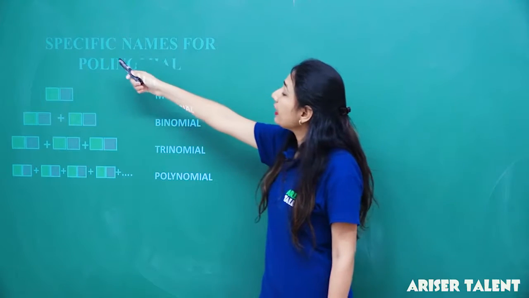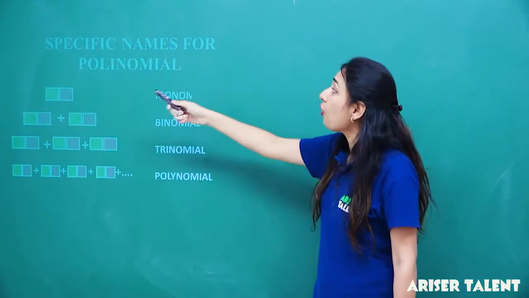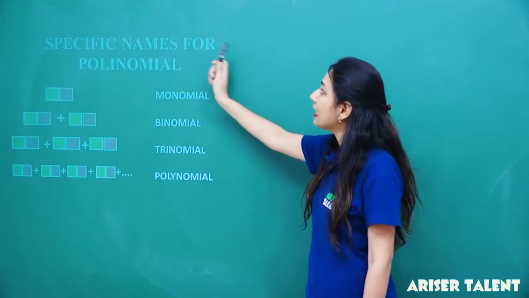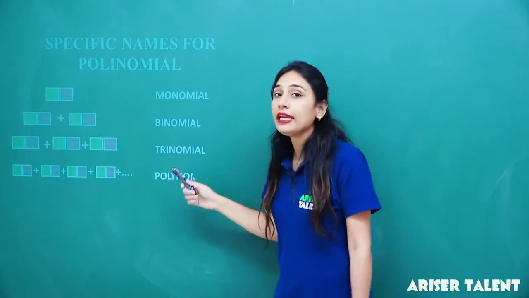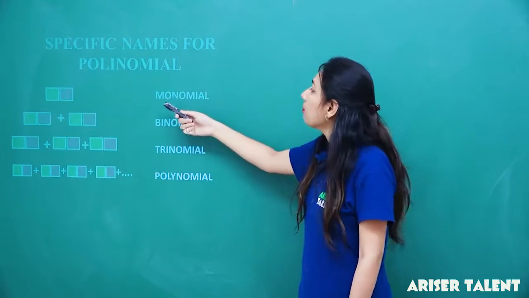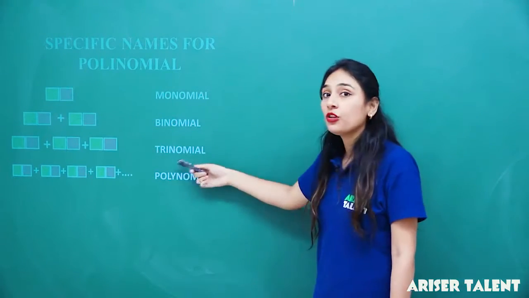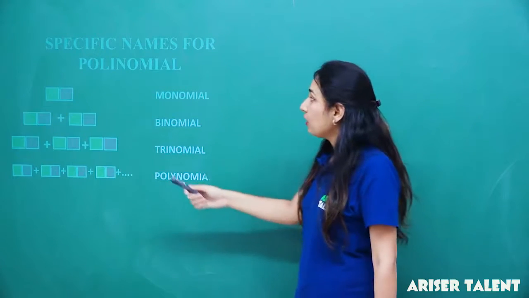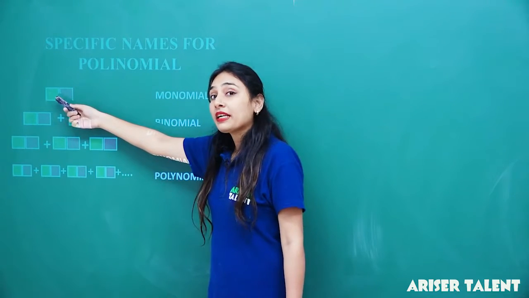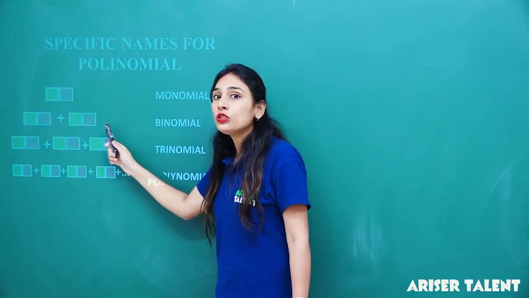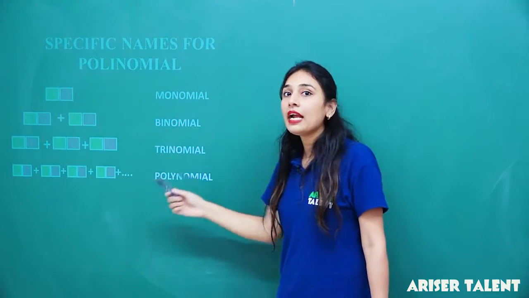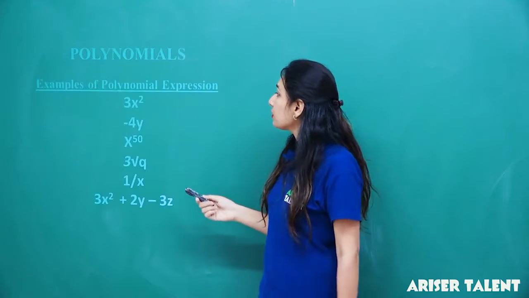Then we have specific names for polynomials like monomial, binomial, trinomial and polynomial, which have respectively 1 term, 2 terms, 3 terms and more than 3 terms.